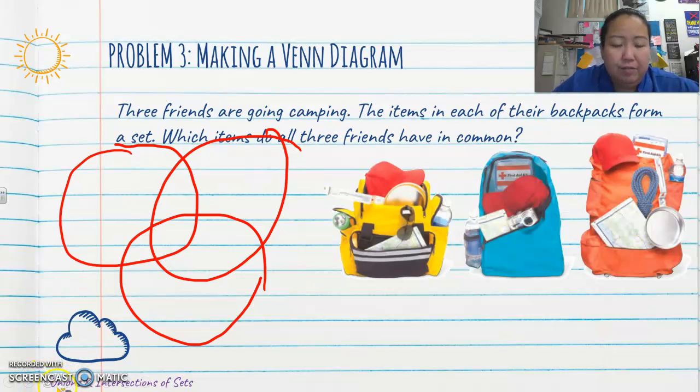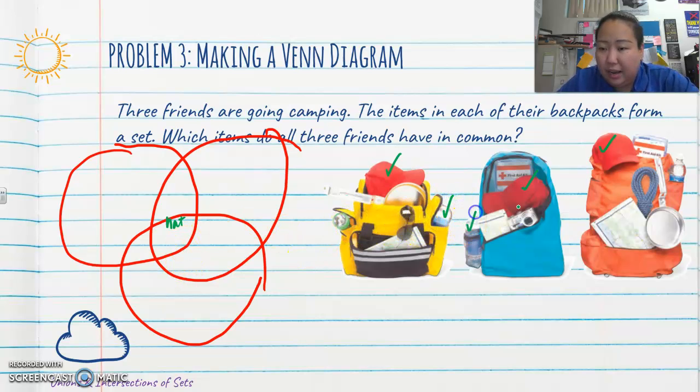So do we have anything that is common to all of those three bags? All three of them have a cap, a red hat. So we have the hat in here. Let's write it down over there. That's the intersection of the three sets, so that area is common. All of them also have a bottle of water.